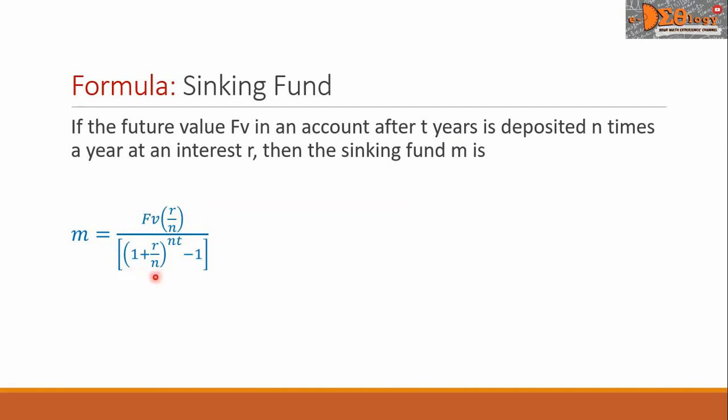We have a binomial here, 1 plus the fraction R over N. And this binomial is raised to a power that is the product of NT. And then this whole quantity is minus 1. Take note that this formula is a manipulated version of the ordinary annuity.